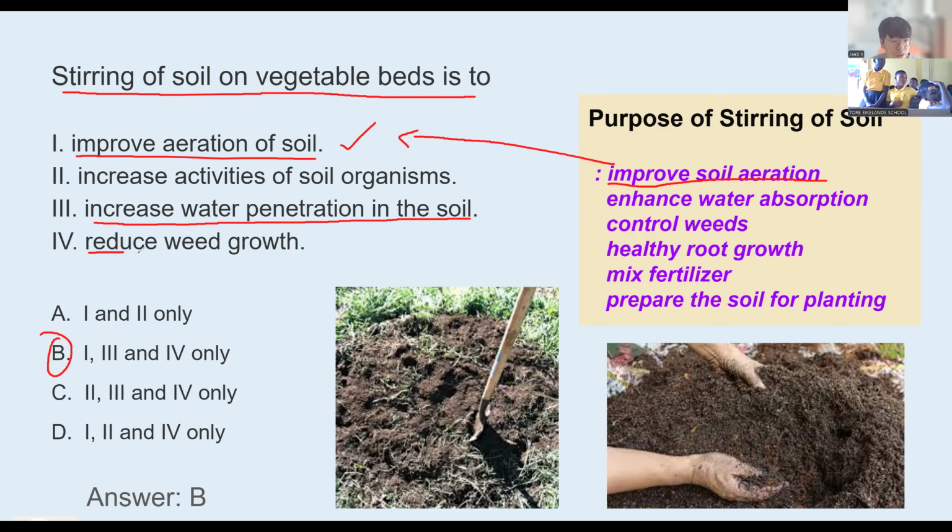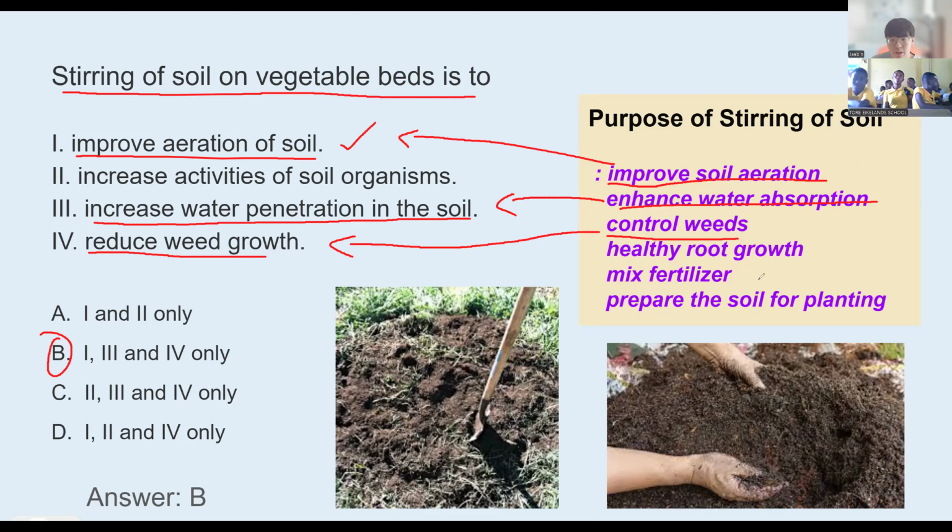Number four is about reducing weed growth. Definitely, it does control the weeds, because by stirring or mixing the soil, the weeds will be pulled out and nutrients will be mixed together. There are other purposes of stirring the soil, such as promoting healthy root growth, mixing fertilizer, and preparing the soil for planting.